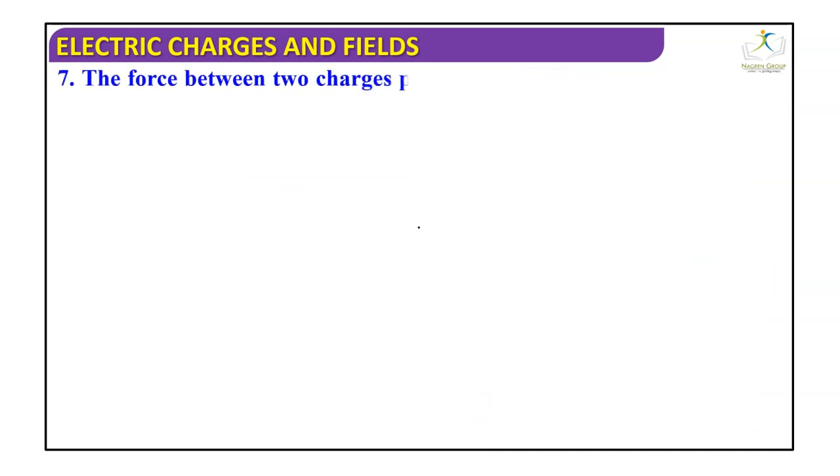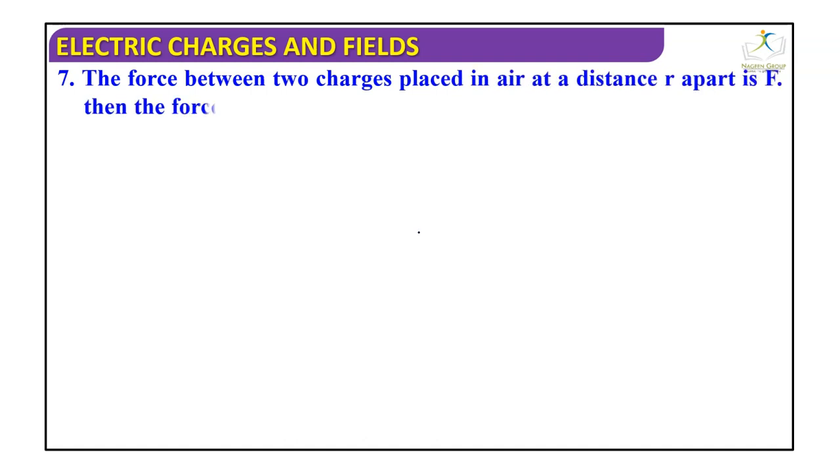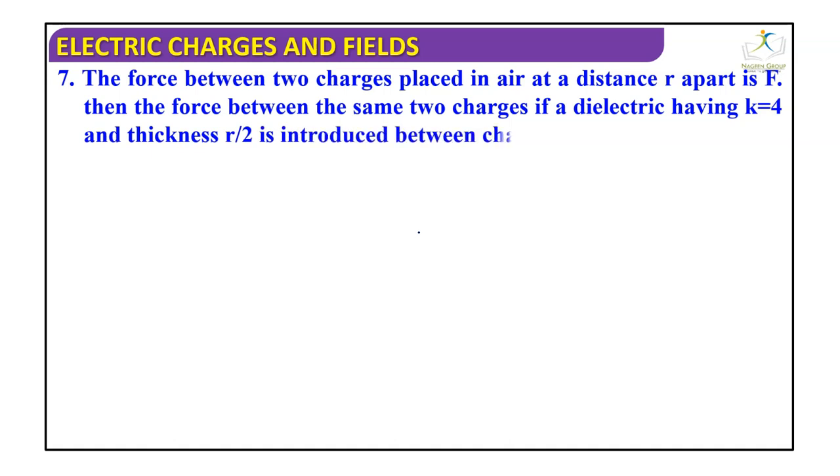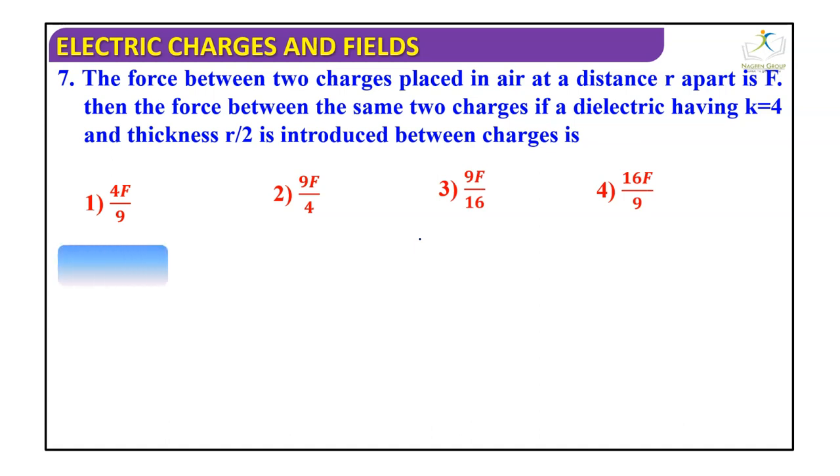Next we have: the force between two charges placed in air at a distance r apart is F. Then what is the force between the same two charges if a dielectric having K equal to 4 and thickness r by 2 is introduced between the charges? Let us see the solution for this question.